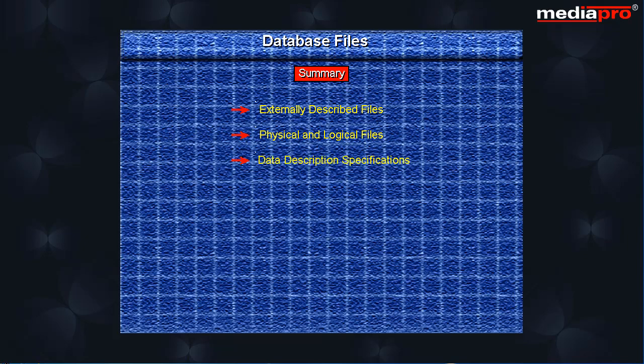We saw how to write the data description specifications for the database files and to create the files using the data definitions. We also looked at the field reference file, which is like a central storehouse for field definitions that can be referred to when describing the database files needed in an application.